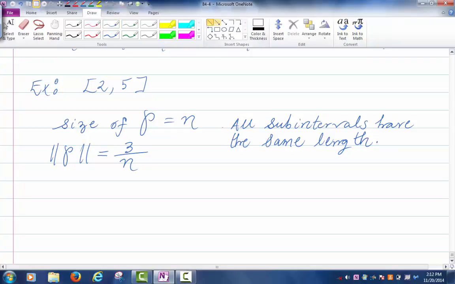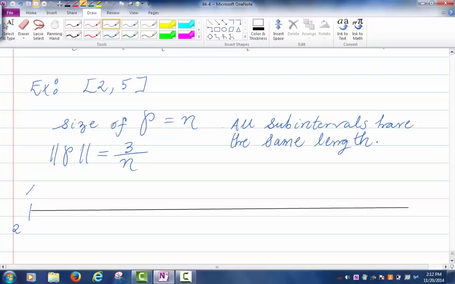And let's come up with the partition points. Okay, so here's my number 2, and 2 is x0, right? And what would be the next partition point, x1? What would you say?